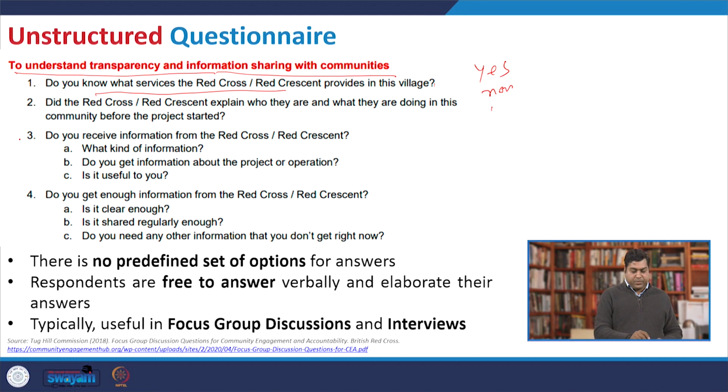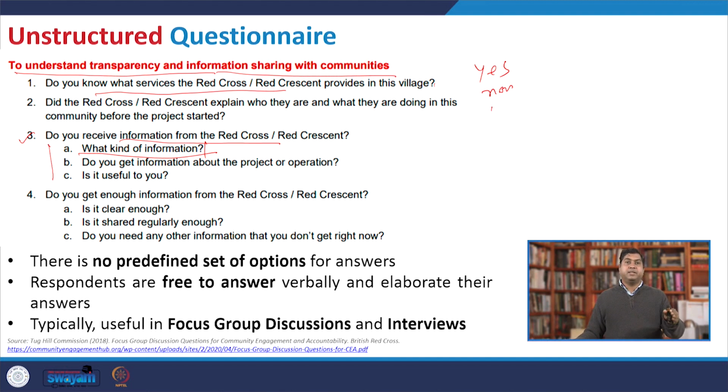Now say for example question number 3, do you receive information from Red Cross? So probably the answer, if it is no, then the rest of the questions may not be valid, but if yes, then what kind of information? So I can give some examples, like health related or other related information, or else I would like to know how much they are aware of.